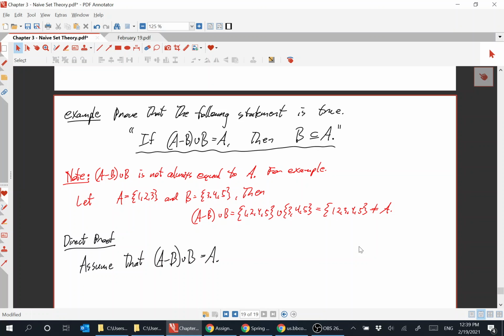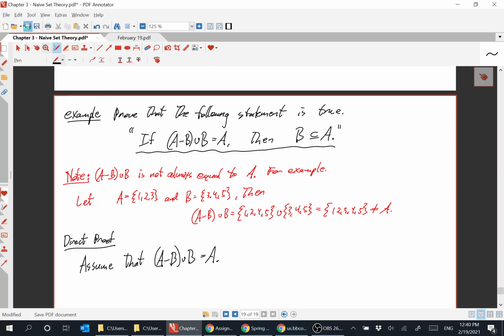For example, let A be this, B be that, then A minus B union B is, well, A minus B is {1, 2}, B is {3, 4, 5}, taking the union of those, {1, 2, 3, 4, 5}, which is not the same as A. It's bigger than A.